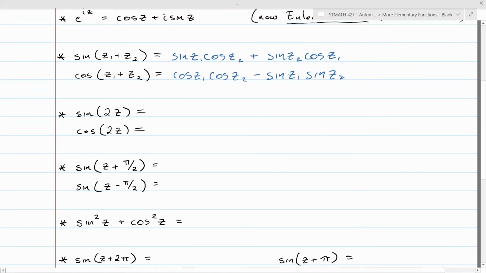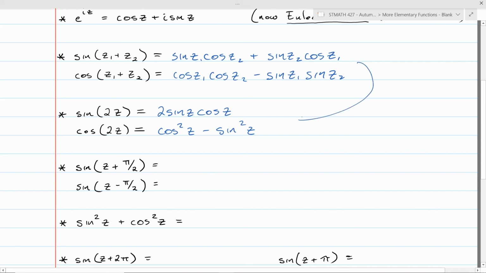We've got double angle identities. So sine of 2z, you can write that as 2 sine z cosine z. And cosine of 2z works out to be cosine squared of z minus sine squared of z. By the way, you get both of these identities just from the sum of angles identities, right? Like sine of 2z, you can think of that as z plus z, and then just use the sum of angles identity.